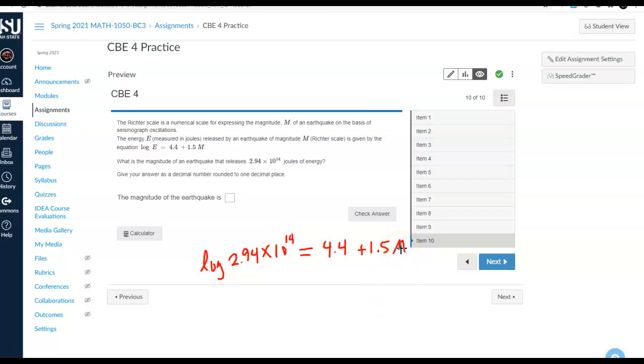I'm just going to write this down so that I can show you on the calculator on this computer. I'm going to type this in, and then I'm going to subtract 4.4 and then divide by 1.5.